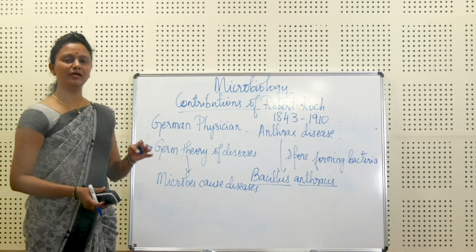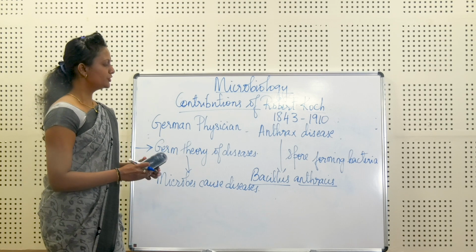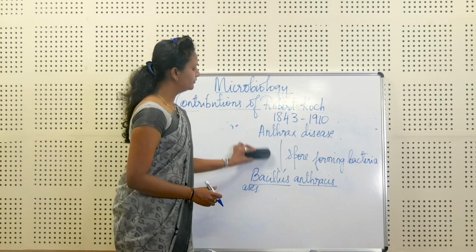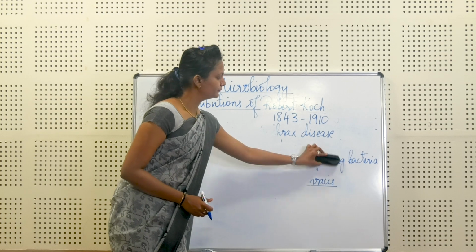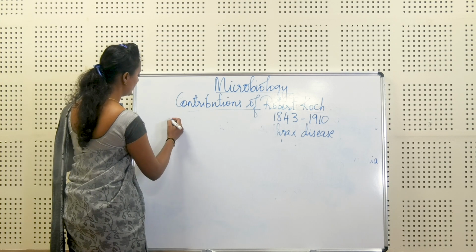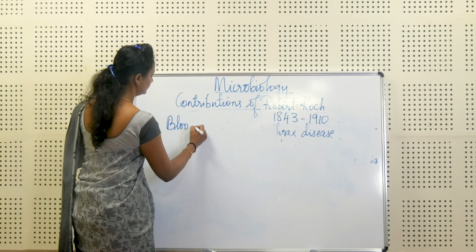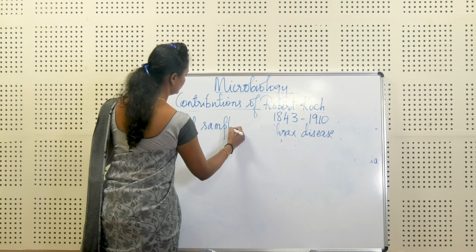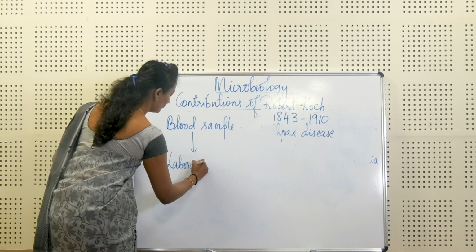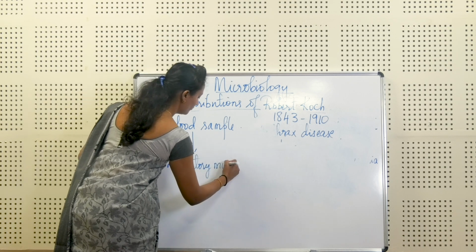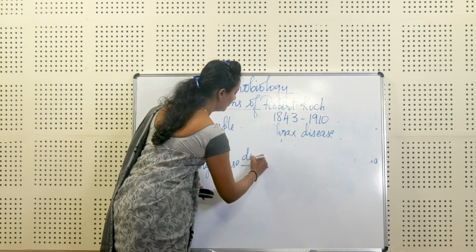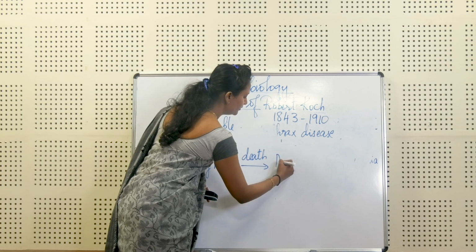Koch, in order to find out the cause of the anthrax disease, initially performed an experiment wherein he collected the blood sample from a dead sheep and he injected that into a healthy laboratory mouse, which actually resulted in the death of the mouse.